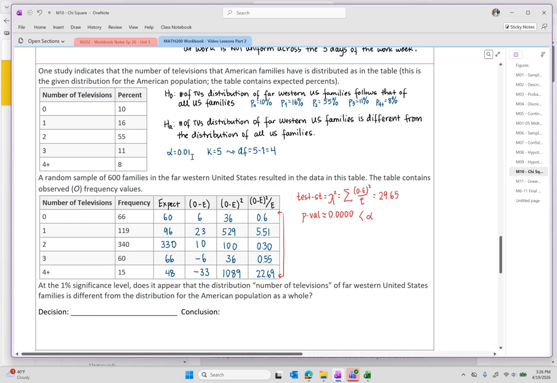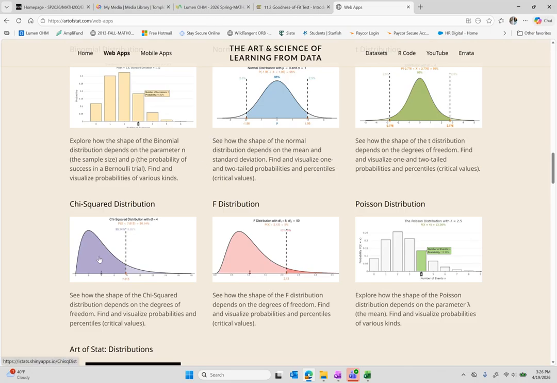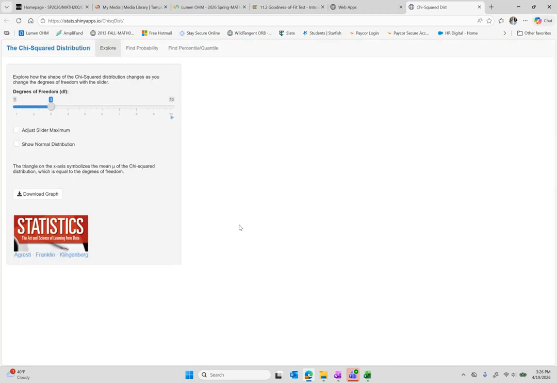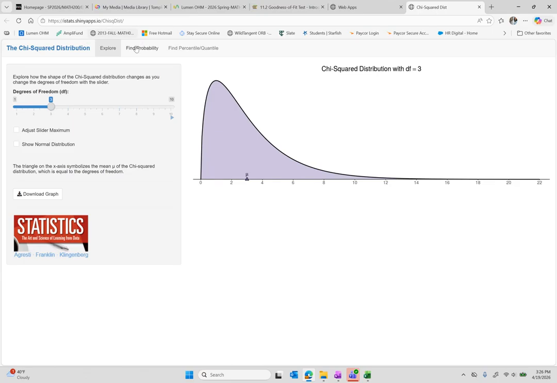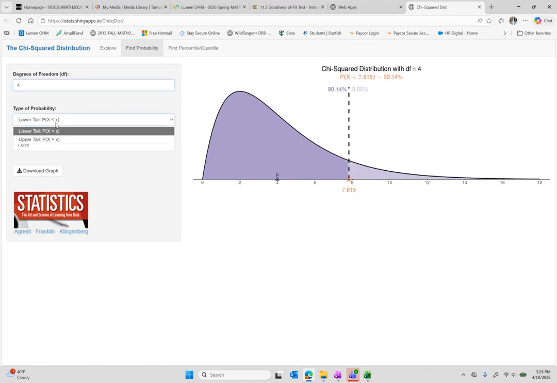So I'm going to go to Art of Stat, chi-square distribution, find probability, and I will include 4 degrees of freedom, probability in the upper tail, value of x to be 29.65, and you can see that this graph does not show the value of 29.65.